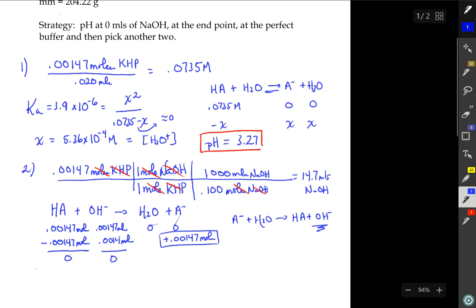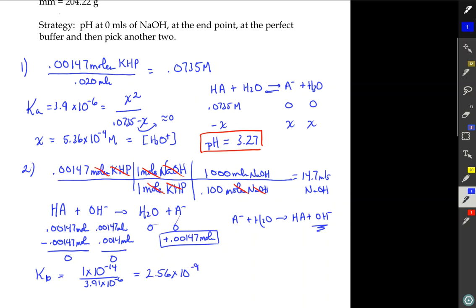Kb for this reaction will be 1 times 10 to the negative 14th, because Ka times Kb equals 1 times 10 to the negative 14th, divided by 3.91 times 10 to the negative 6. And that means it's going to be 2.56 times 10 to the negative 9. And that will be our Kb.